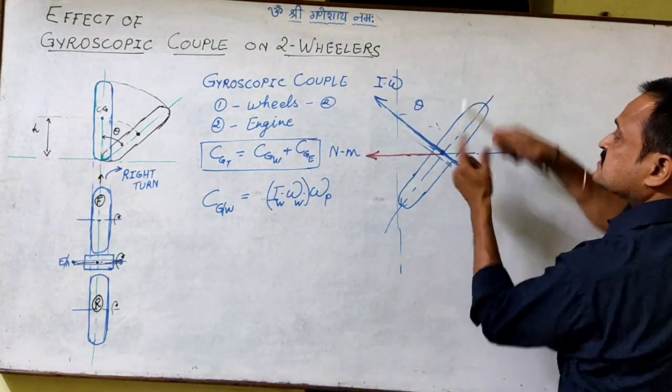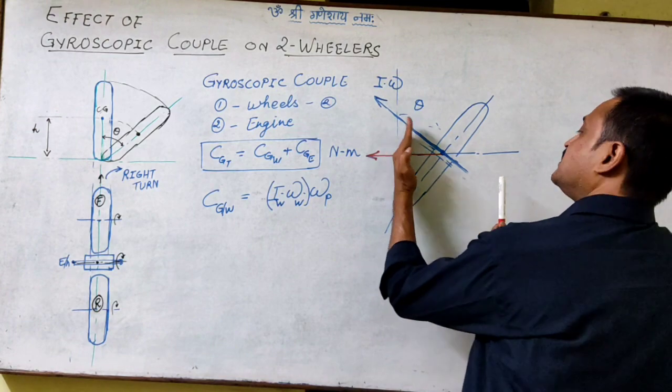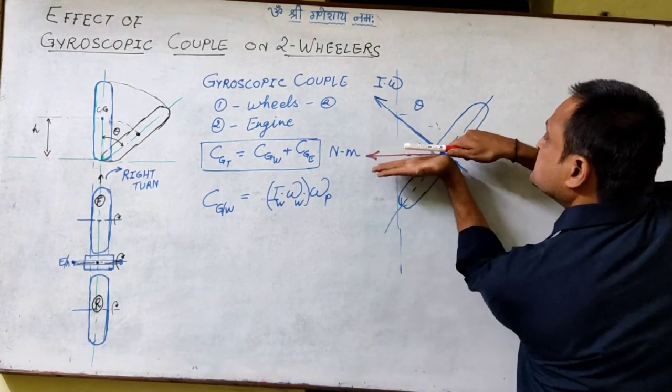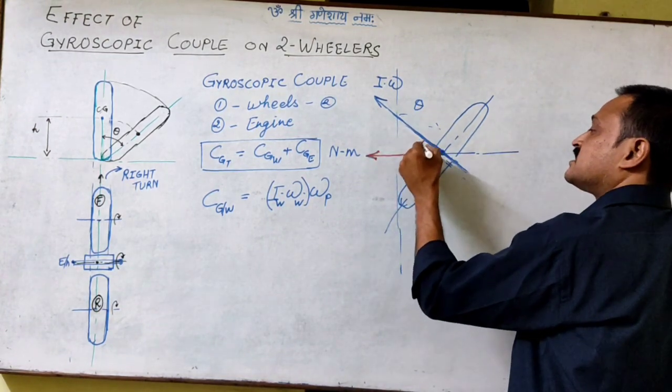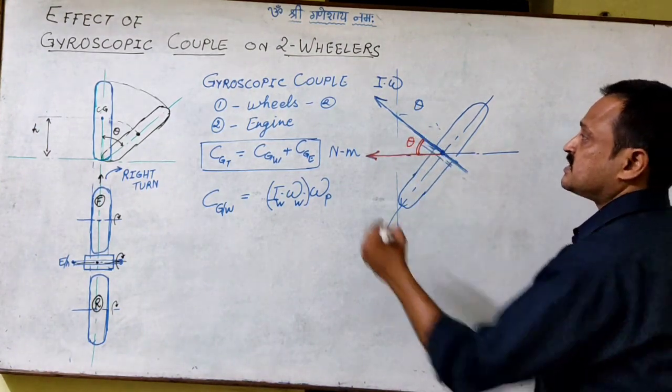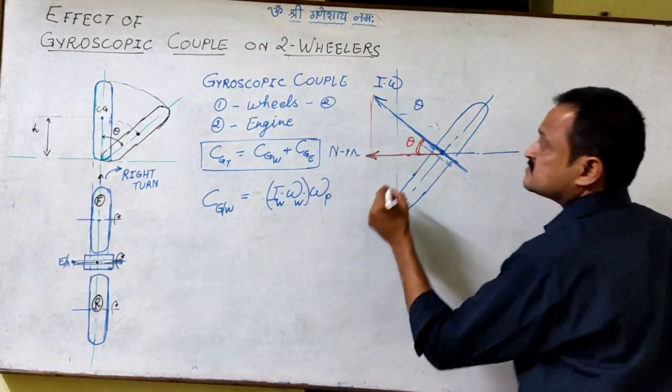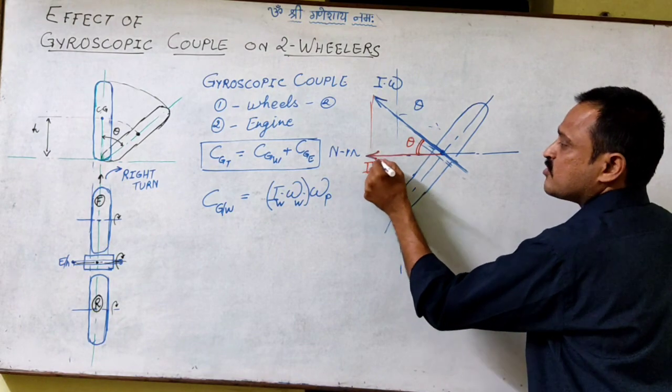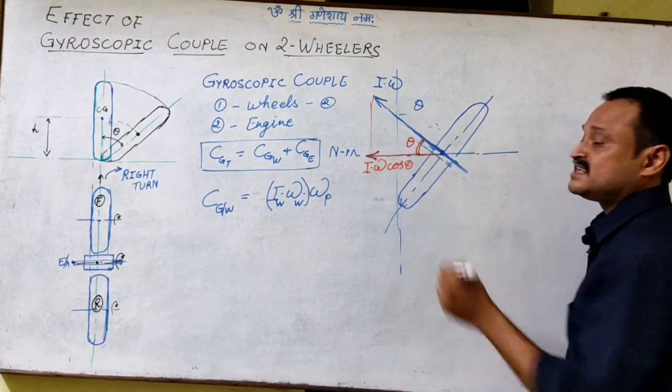So if the wheel has tilted by theta, that means this vector has turned by theta, that means this angle comes out to be theta. In that case I will say this component is I omega cos theta, right?